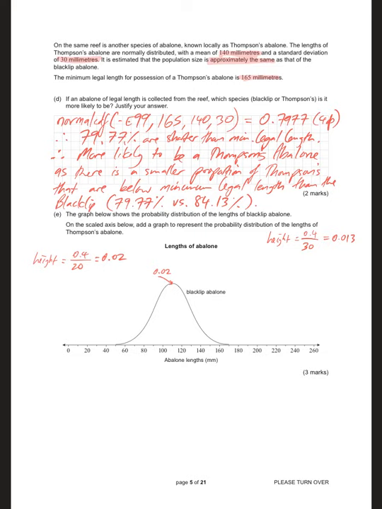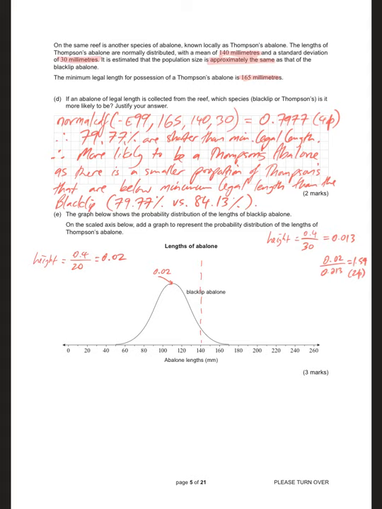So Thompson's is centered around 140. I'm going to draw a line vertically up from there. 0.02 divided by 0.013 is about 1.54 to 2 decimal places.